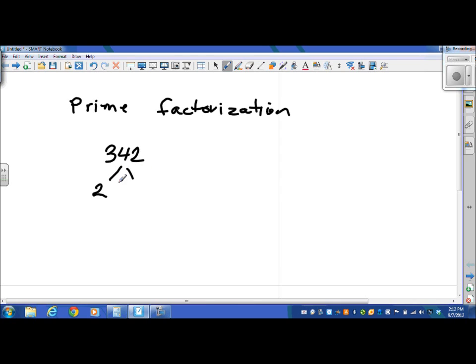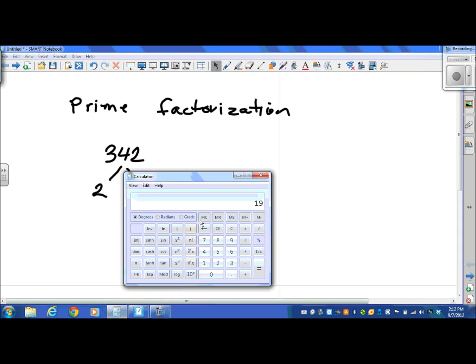342. I might not know that offhand, so I'm going to divide 342 by 2 using my calculator. 342 divided by 2 equals 171.